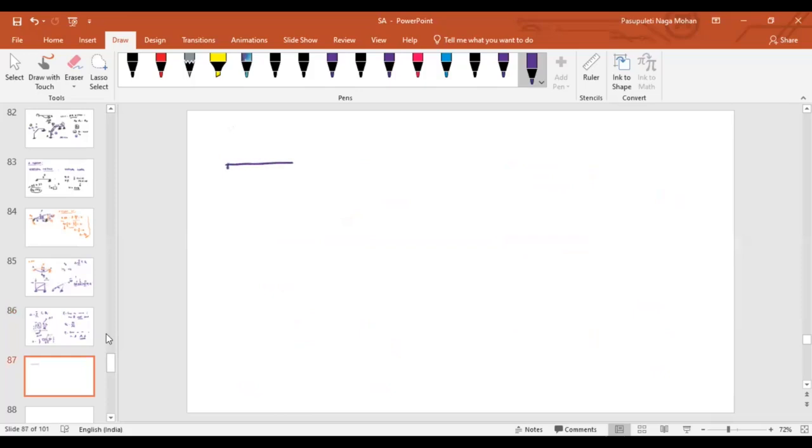Let us explain with a simple example. Imagine there is a force acting like this, 10 kilonewton, on a truss with joints A, B, C, D. Let us say my interest is to find out the deflection at B along the horizontal direction.